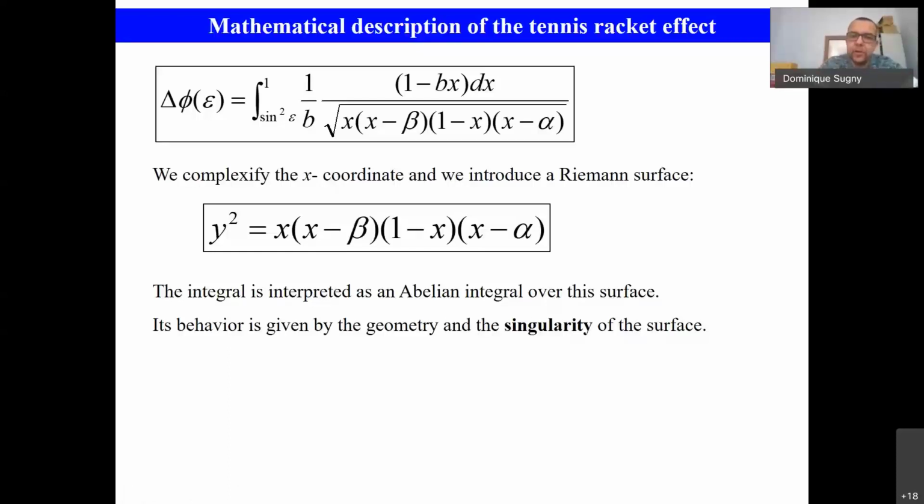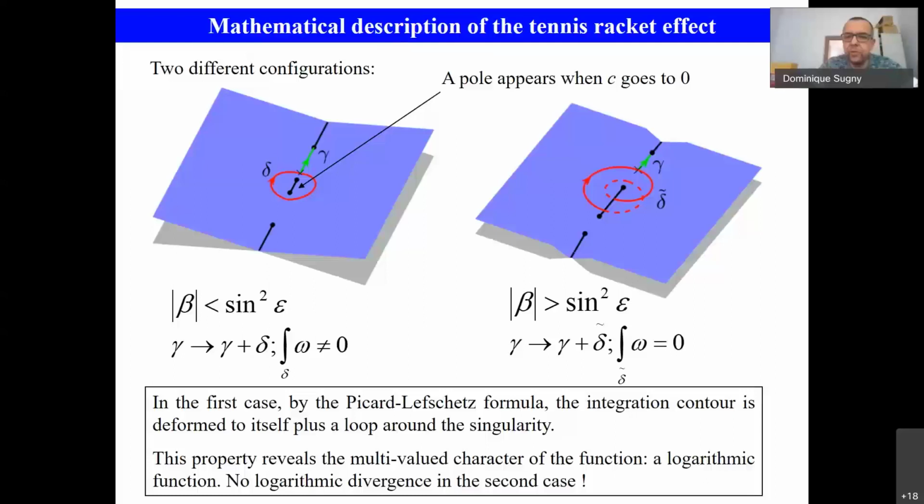So we can understand the behavior of this integral in terms of the singularity of the surface. Here I'm not going to discuss this point, but finally, it's a beautiful mathematical and geometric result.